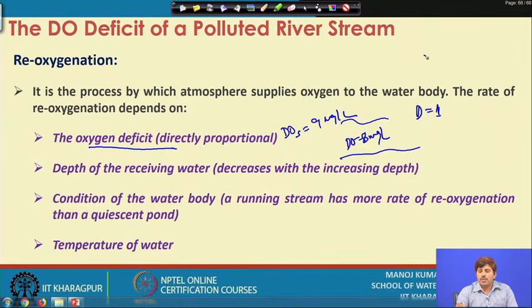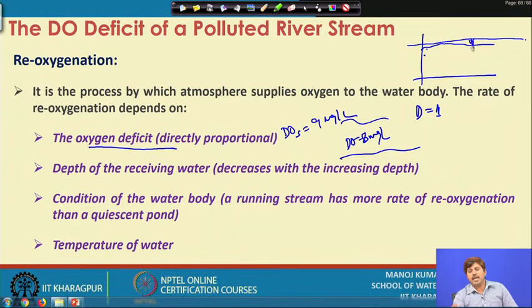Now, the existing oxygen level is close to the maximum oxygen level that could be there. So, there is very little deficit and your rate will be very slow, because the rate is proportional to this deficit. So, the rate is going to be very slow.